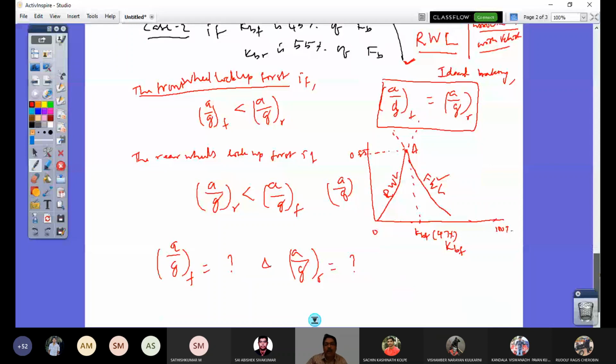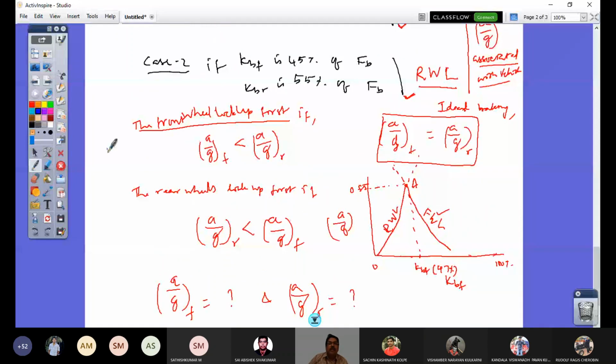But now I would conclude the lecture by stating an important point, and again we'll discuss the physics in the next class. So what would happen if front wheel lock first? It is going to cause slipping and loss of directional control.